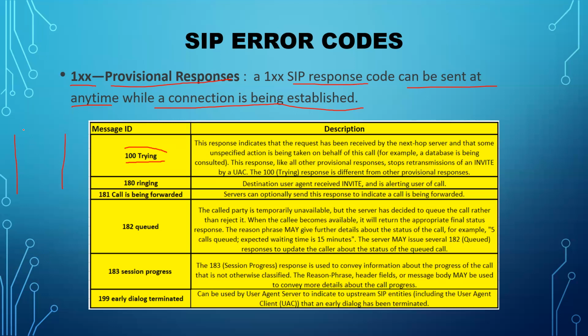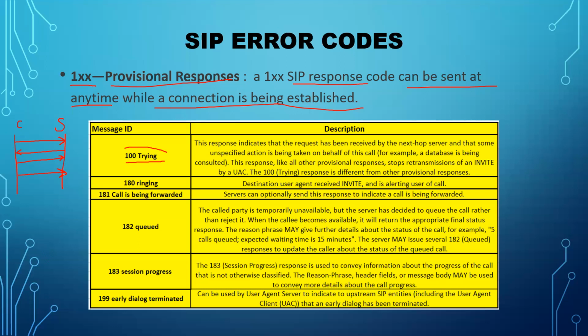If this is your user agent client and this is your user agent server, and the client is sending an INVITE message to the server, and the server is not responding with 100 Trying, then the client keeps sending the INVITE message again and again to the server at intervals of time that keep increasing: 2 seconds, 4 seconds, then 8 seconds, 16 seconds, 32 seconds.